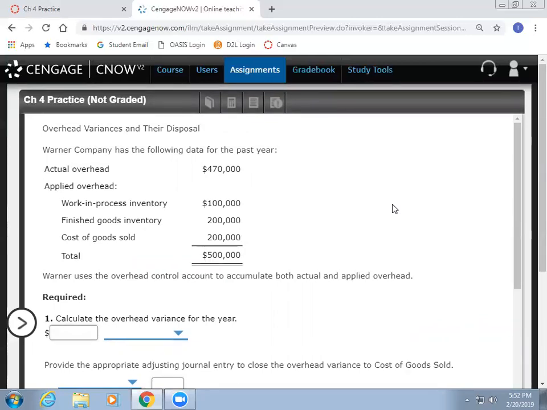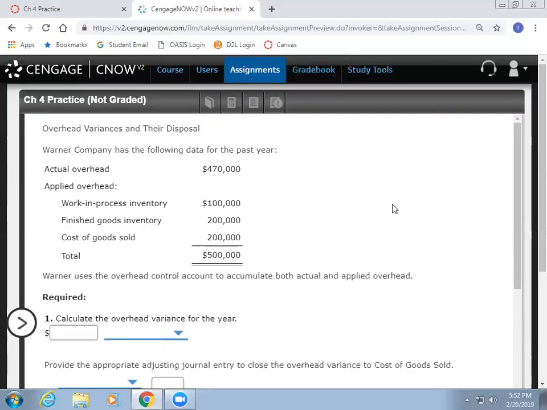Whenever we apply overhead, we always debit the work in process. We calculate the applied overhead, we debit that into work in process as a product cost. It gets credited to an overhead control account. Or in managerial, I think it was just called manufacturing overhead.